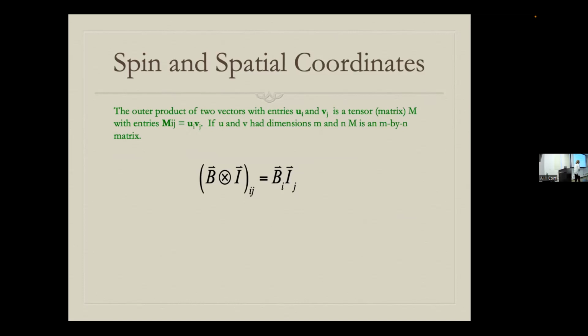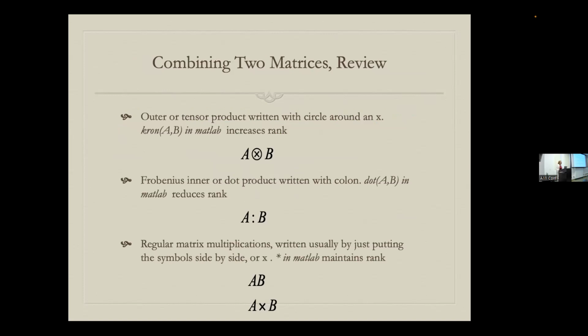Make sense? So now I'll have 9 of those. It'll have some sparse properties because there were really only 6 independent pieces of information, and now I've got 9 numbers. But it's nice here to make the spin degrees of freedom and the spatial degrees of freedom be the same kind of mathematical object. It's going to be nice to look at it that way.